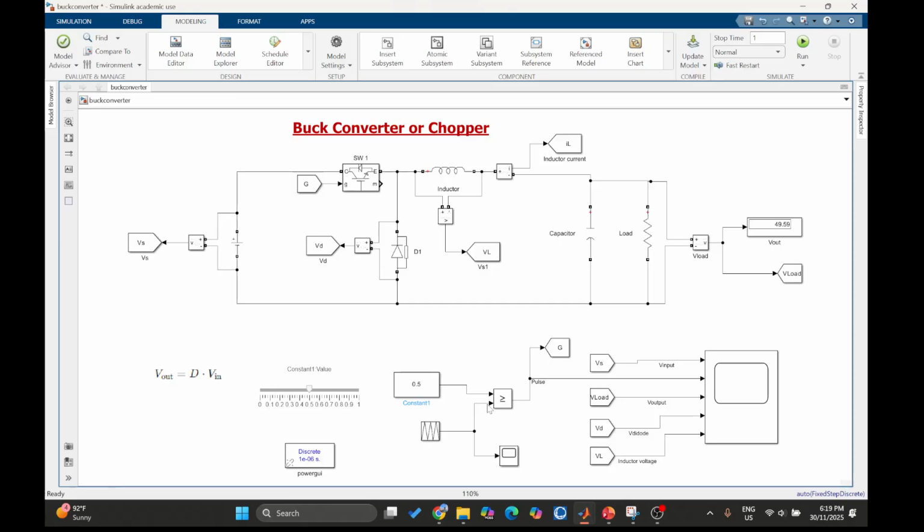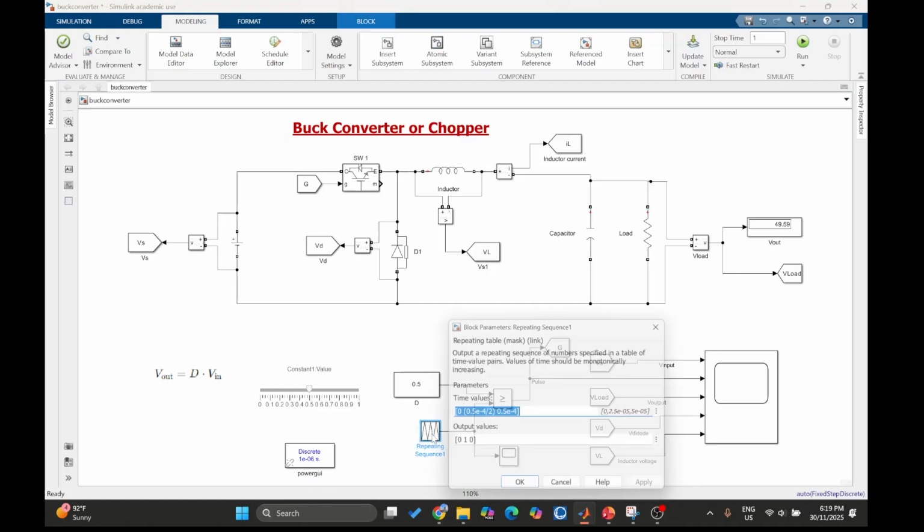This gate PWM pulse is generated using this PWM generator circuit, where I am comparing my duty cycle D with the sawtooth or carrier waveform given here at the bottom.